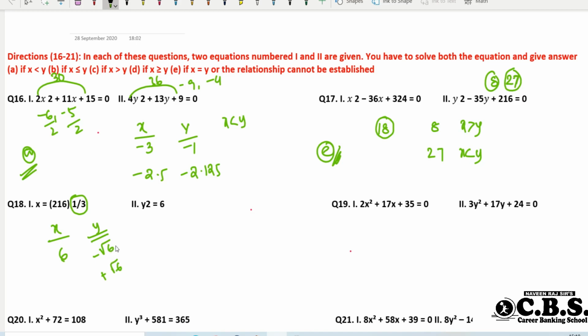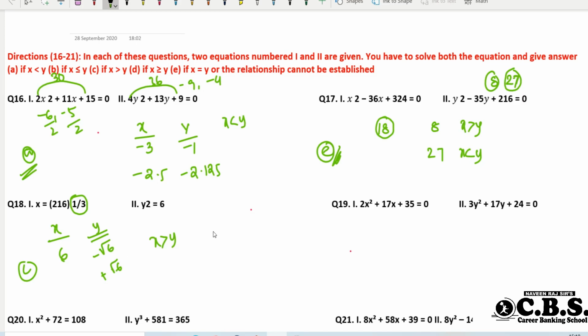We get two values. So in these cases obviously we can answer this one. Definitely x is more than y. So which option is the right answer? X is more than y. Obviously option C is the right answer, because the x value is 6 and the y value is definitely minus root 6 and plus root 6.